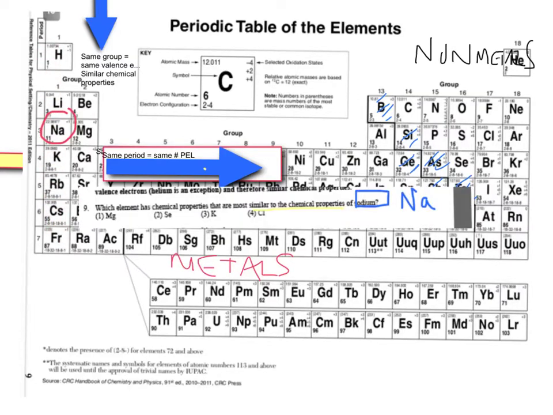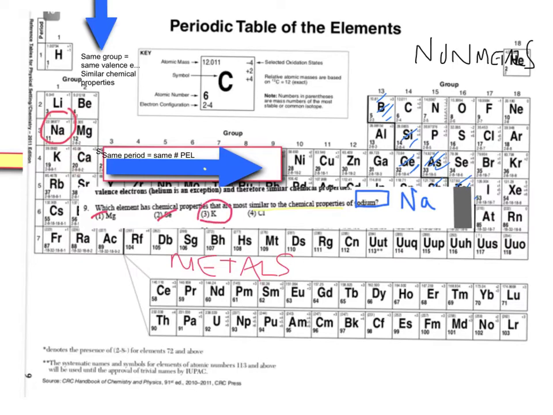So here we have the question, and we see that magnesium is not in the same group as sodium. Now selenium is also not in the same group as sodium, so we'll eliminate selenium as a choice. Potassium is in the same group as sodium, so potassium is our answer.